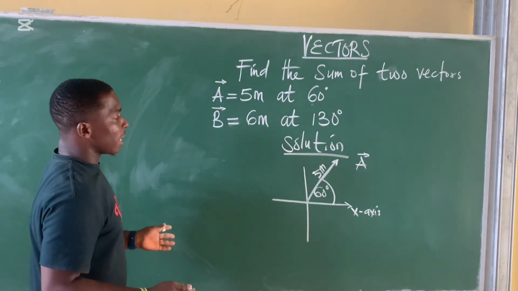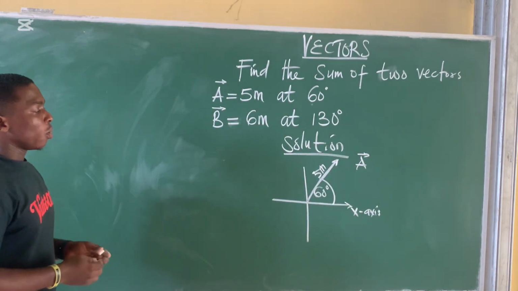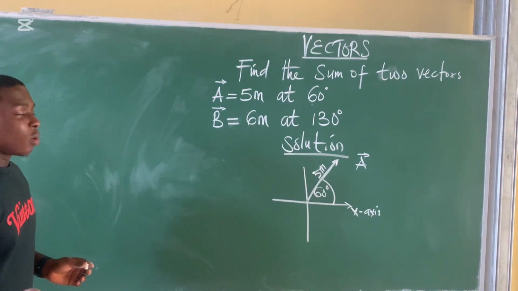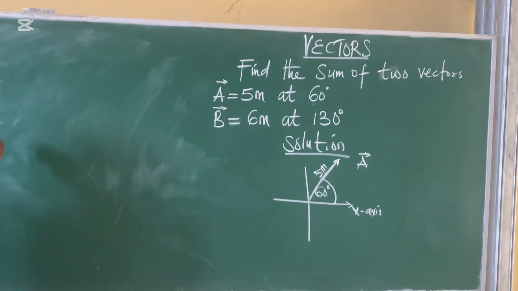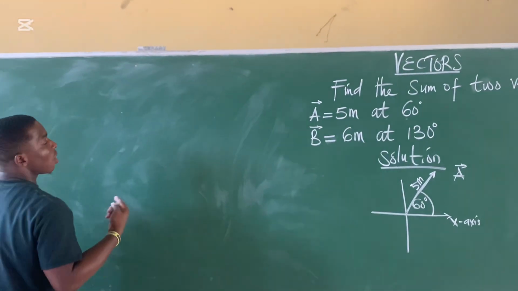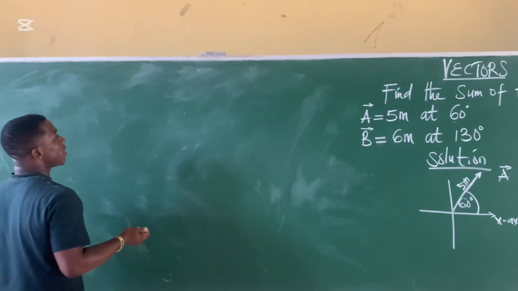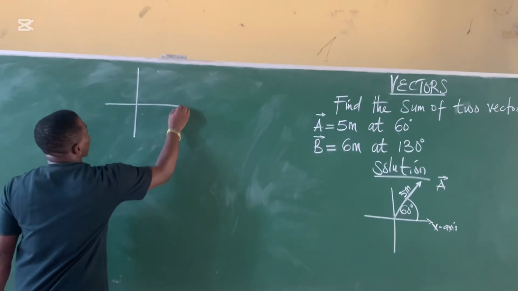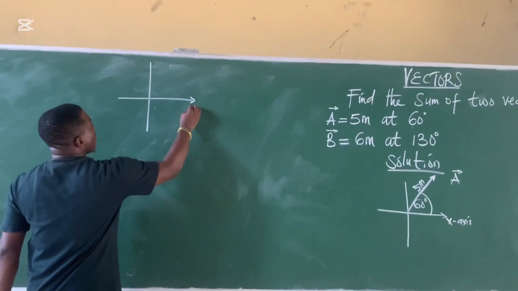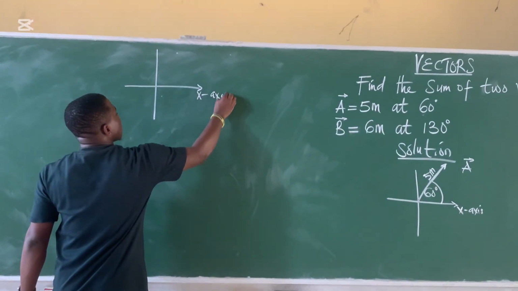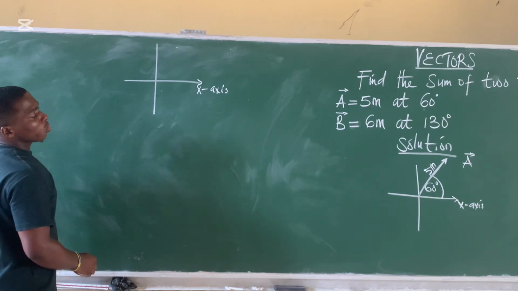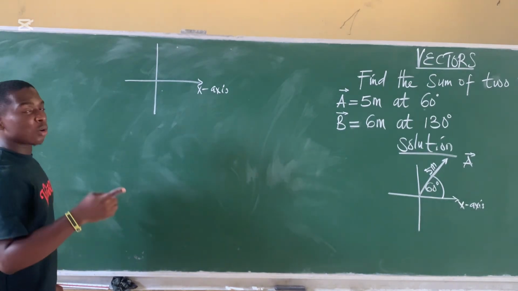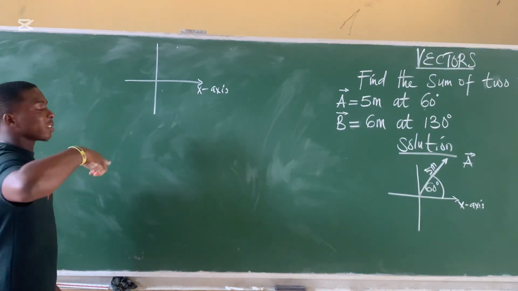I'm also going to sketch the angle for vector B. Vector B is 6 meters at 130 degrees. Remember, we said if you want to sketch the angle for a vector, it must be inclined to the x-axis.